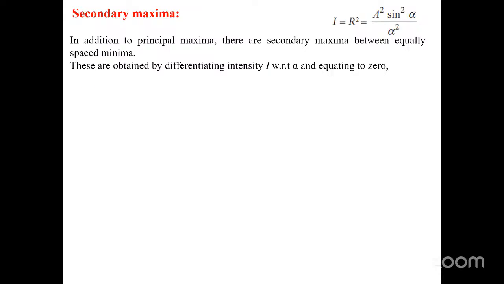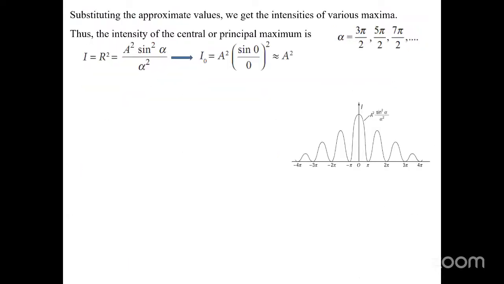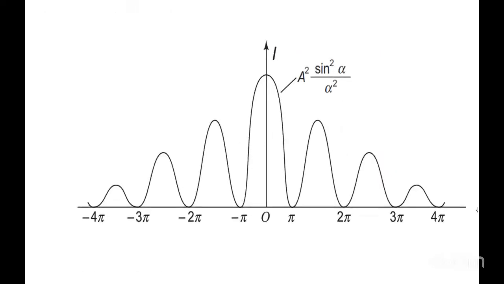Go through that. And this is the diffraction pattern here. You can easily see that the intensity at the central maxima is A square sine square alpha by alpha square.